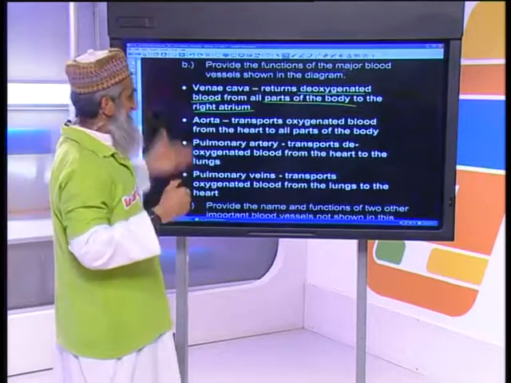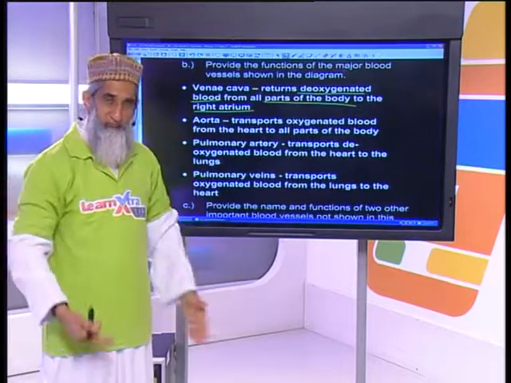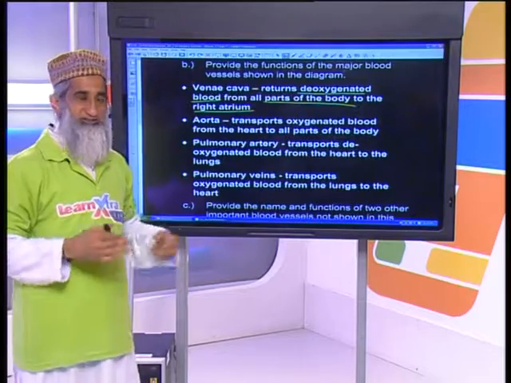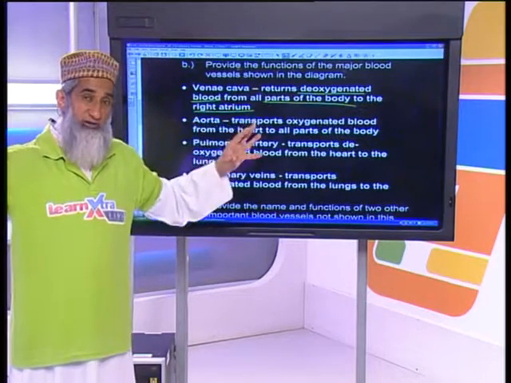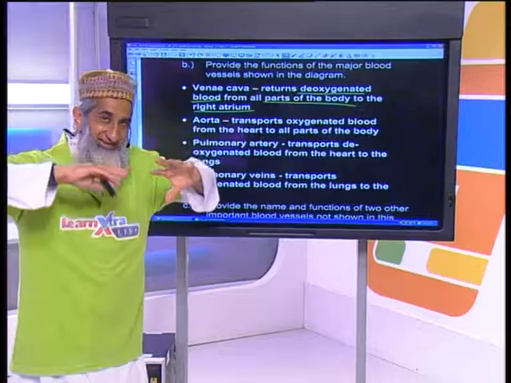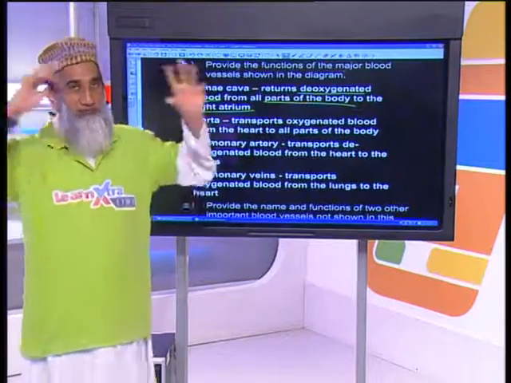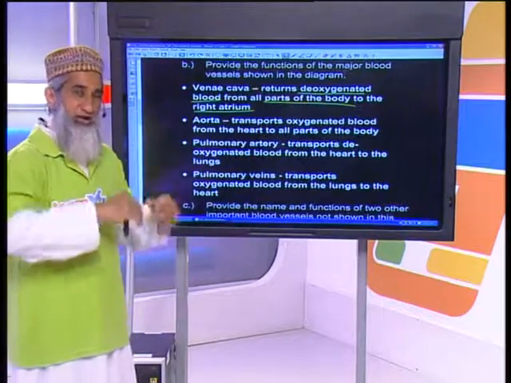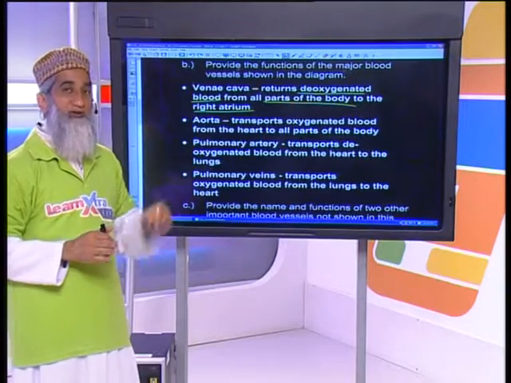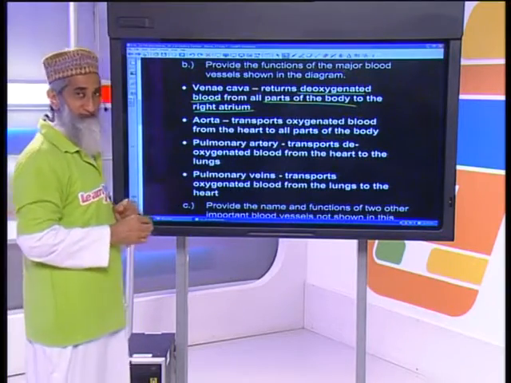And the inferior vena cava deals with the remainder, the lower parts of the body, lower extremities. So all the deoxygenated blood in the body is brought back to the heart, to the right atrium, via the vena cava.